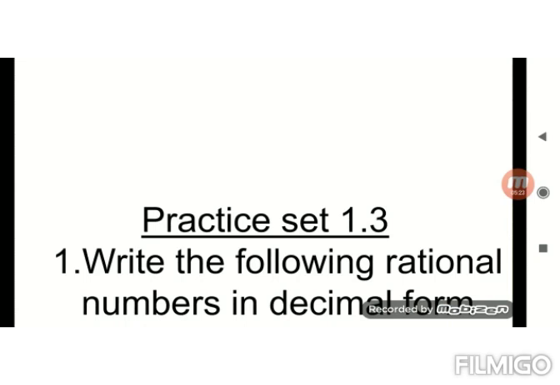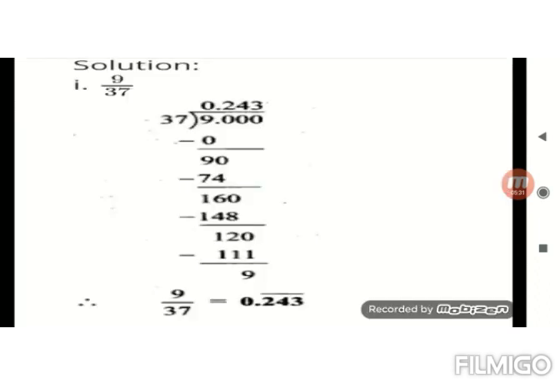Now let us solve practice set number 1.3. The first question is, write the following rational numbers in decimal form. Number 1, 9 upon 37. This can be done by using the simple division method. When we divide 9 by 37, we get the answer 0.24 and the remainder is 9, and the process of division is continuous.